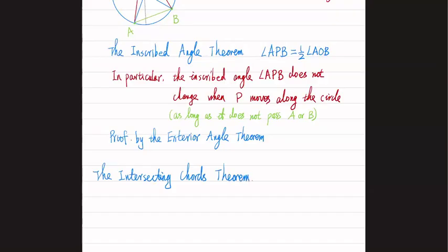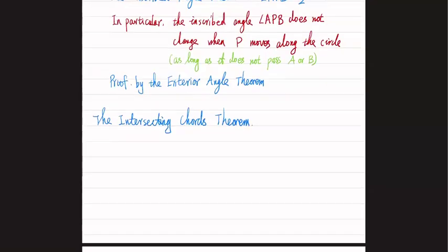Okay, let's draw a picture. We draw two chords on the circle that intersect. Two arbitrary chords. Your drawing can be different from mine. It all works.